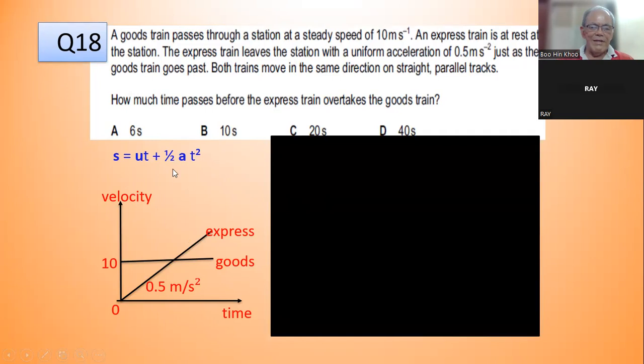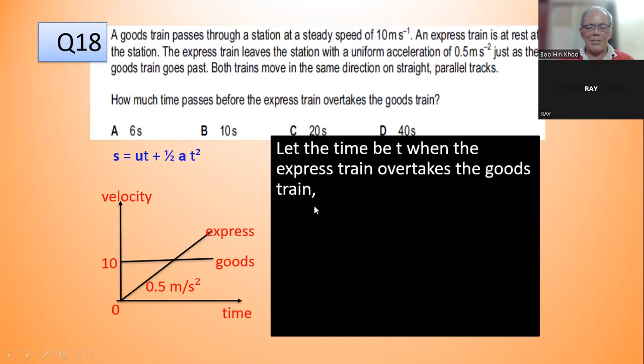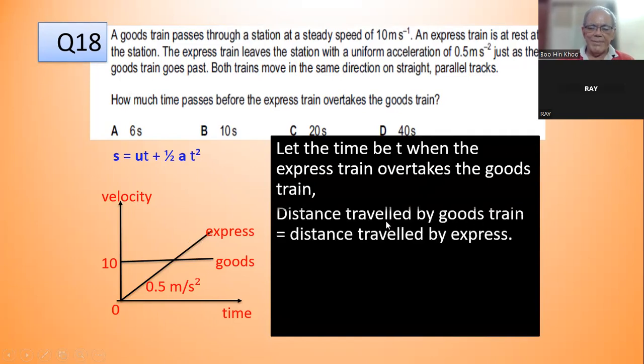For the express train with uniform acceleration, you use this equation. Let the time to catch up or overtake be t. Distance traveled by the goods train equals distance traveled by the express train. The goods train travels 10 times t.